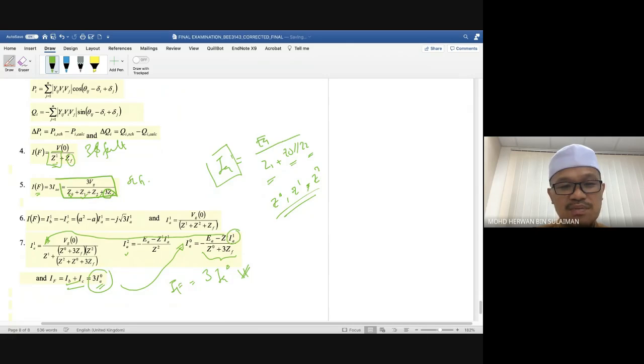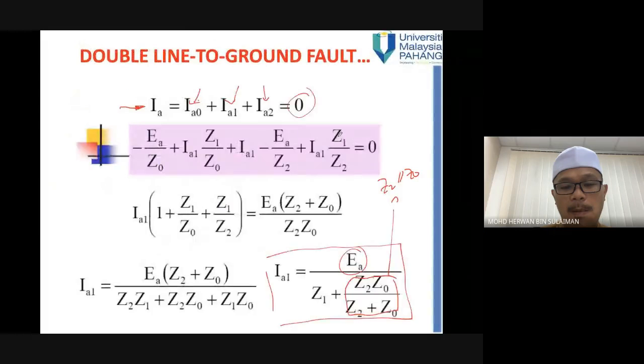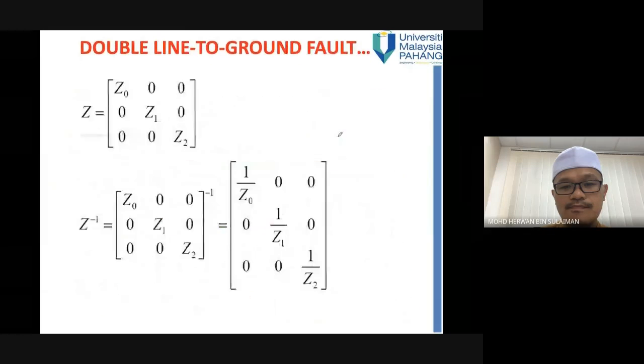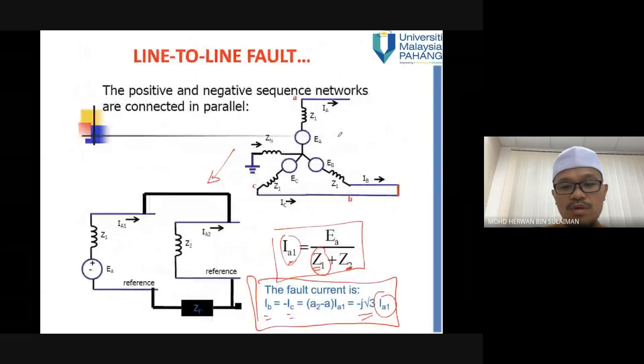You boleh kira 3 phase fault guna this equation. And then single line to ground fault, you guna these 3 equations. And then this one is line to line fault. You kena cari IA1 ni, tapi IA1 ni dia sama dengan apa tadi equation dia? Once you dapat IA1, you darab dengan negative j square root 3.